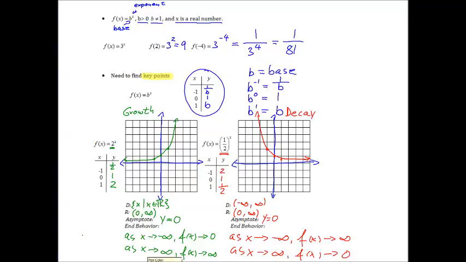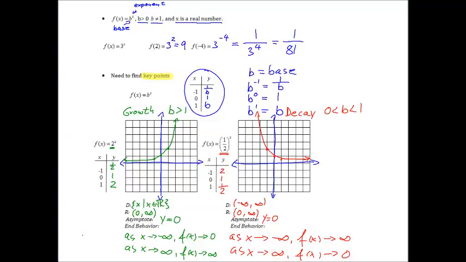If we look at our base, that's really the determining factor here. If the base is greater than 1, we will have a growth function. But if the base is between 0 and 1, remember it cannot be 0 and it cannot be 1, then we will have a decay function.